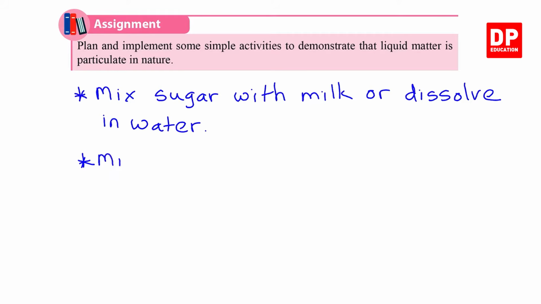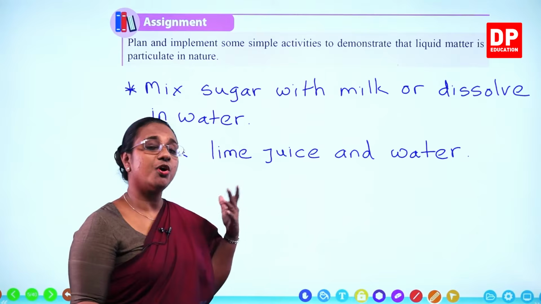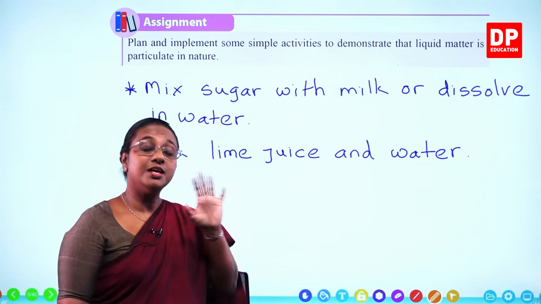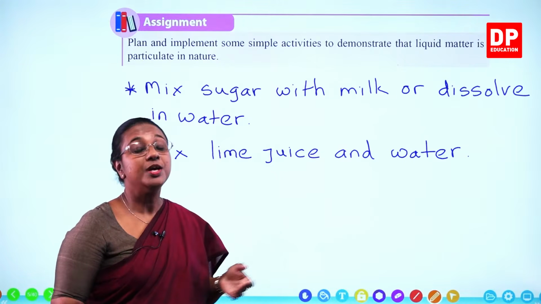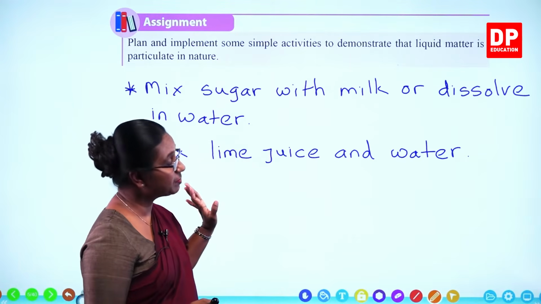Then you can mix lime juice and water. For this, it can be lime juice or any other juice you all like. So in these two instances, you can observe or taste it because you are doing it at home. You can use clean glasses and clean water, if it's possible.